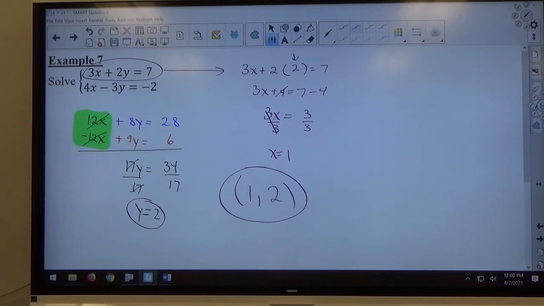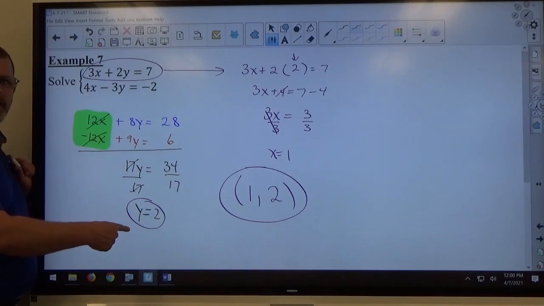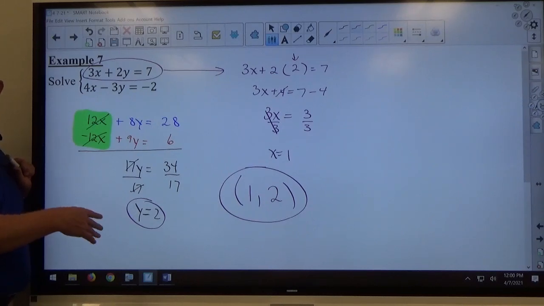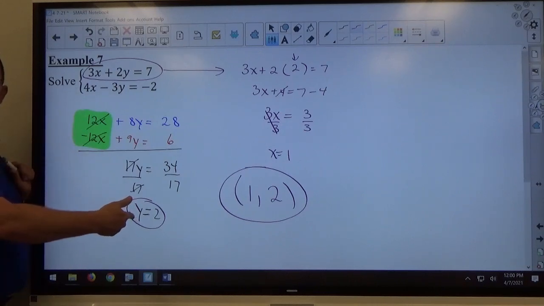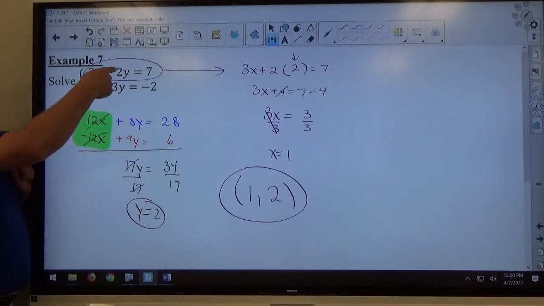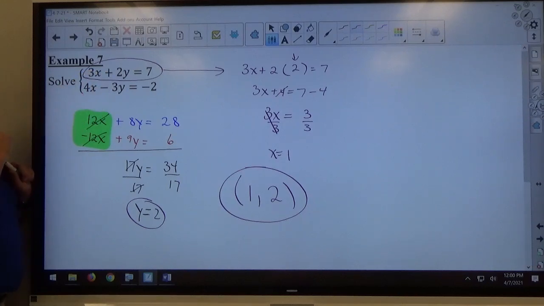As stated yesterday, in the event that you get some unpleasant answer here, you get y equals 947 853 or something like that, right? First of all, you're probably wrong. But if you're right with that answer, we eliminated x to find y, right? So if I go back up here and eliminate y to find x, that'd be the easier way to find x in that scenario.